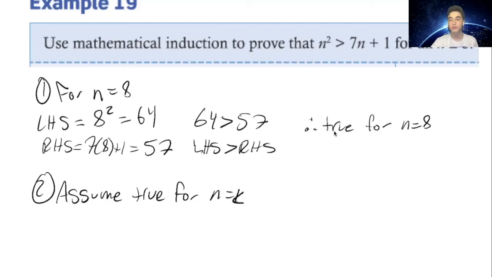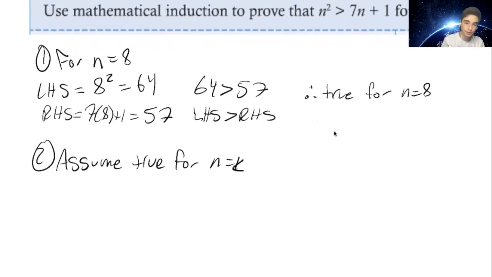Assuming true for n equals k is just a stepping stone for the next step. That's all it is. So we just plug in k: k squared is greater than 7k plus 1. You'll see why this step is important in a couple seconds.